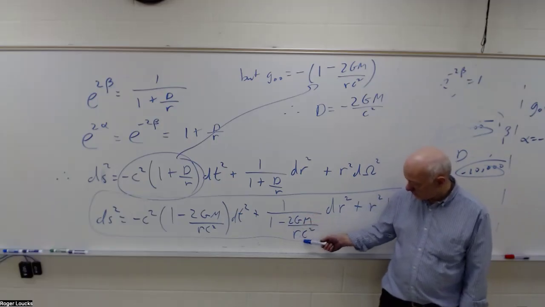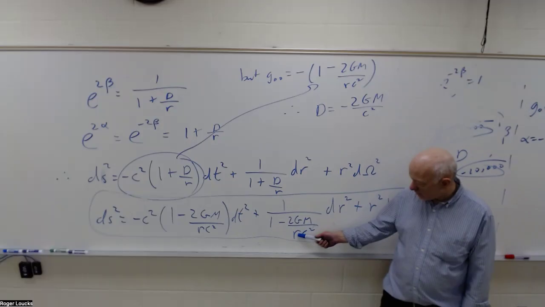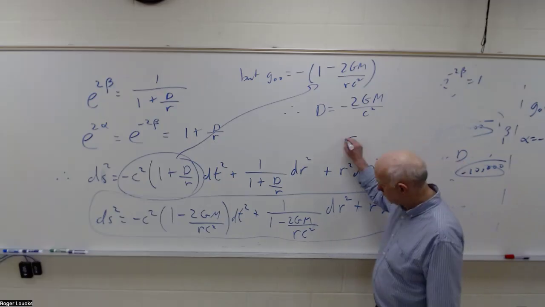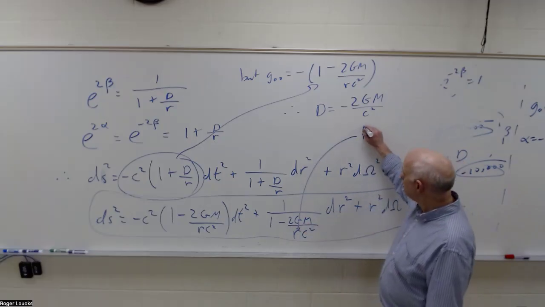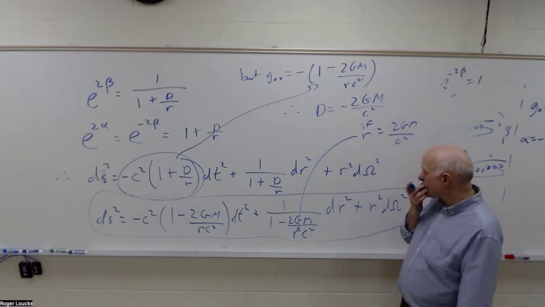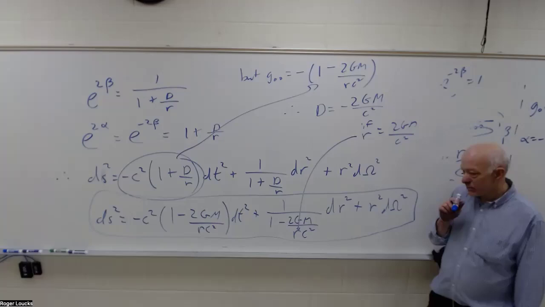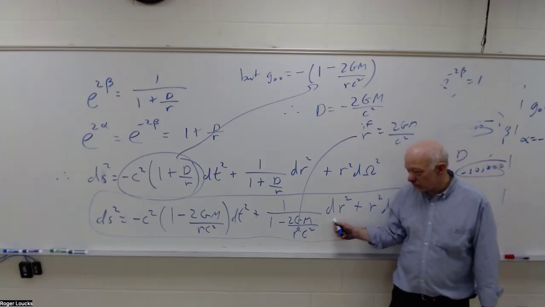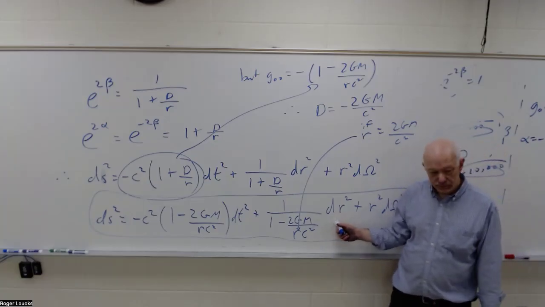This little r is 2GM over c squared. If r is this right over here, what happens? It becomes 1 minus 1, zero. So something weird's happening at that point.